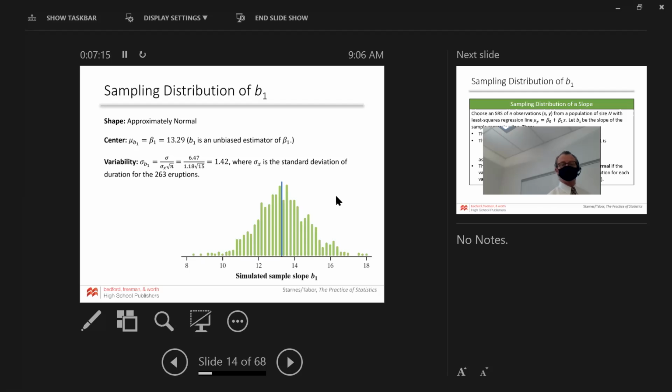Ready? Sigma, the true one, divided by the sample size times the sample distribution.